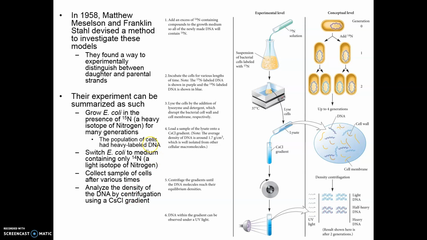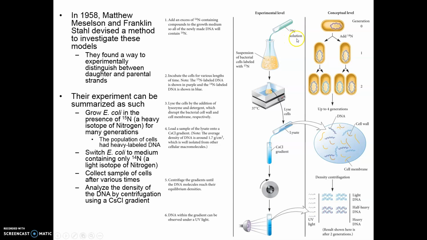So the way we investigated this is we took a suspension of DNA that was labeled with a particular isotope of nitrogen. So this is nitrogen 15. This happens to be a heavier version. It essentially has an extra neutron.